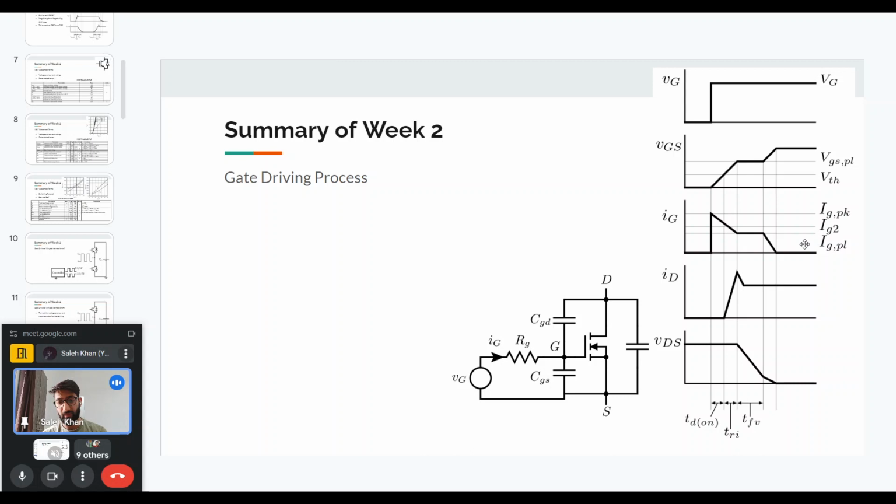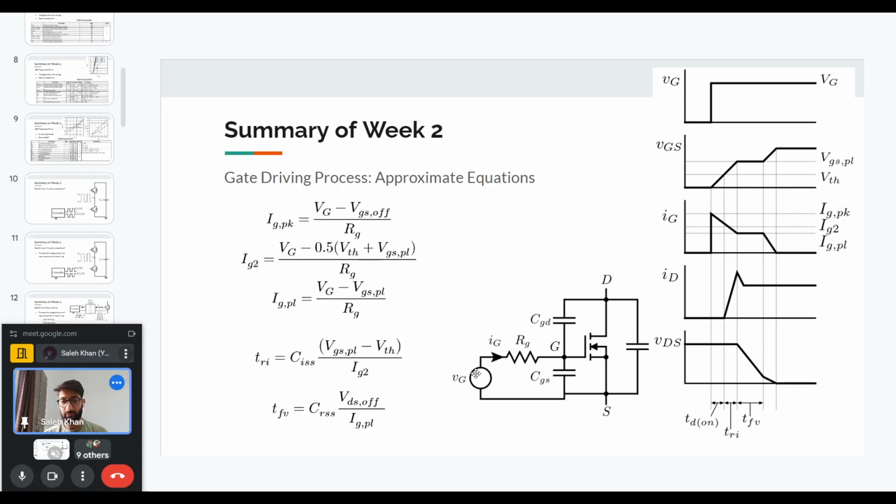If we want to know what is the peak value of this gate current, it will basically be the gate voltage that we are providing through the gate driver minus the off voltage, if there was any, given to the MOSFET. If it was 0 volt, then VGS off will be 0.